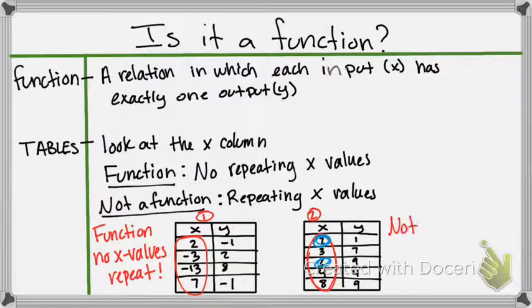This is not a function because the x value 2 repeats. In the first table, we do have the y value of -1 repeating, but that's allowed. You're only looking at the x values to see if they're repeating or not, to determine if you have a function or not.